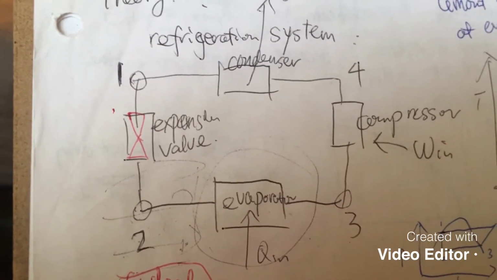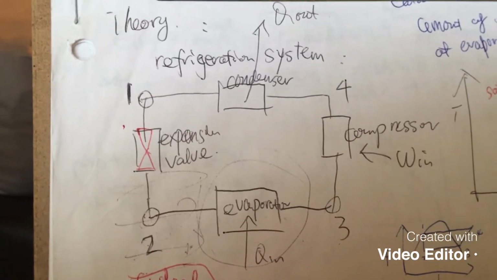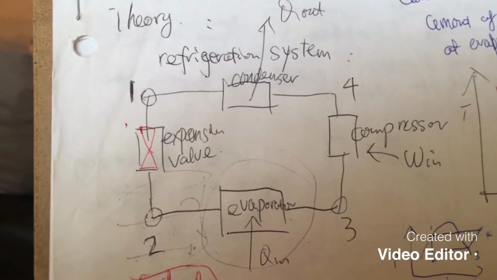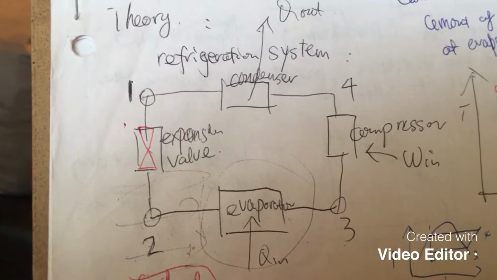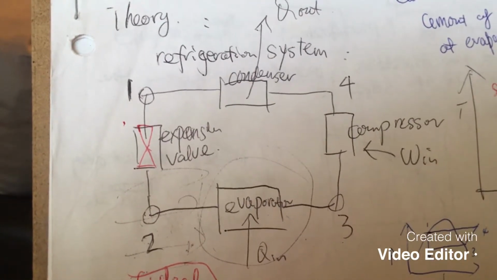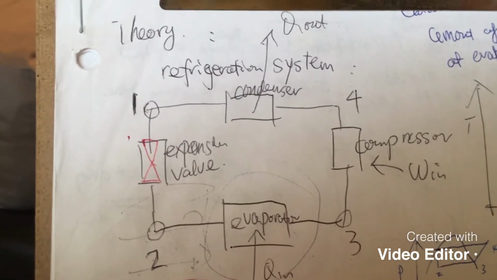Okay, so two components have heat transfer, right? Obviously, in the evaporator, you feel cold air, you feel cool, right? You have heat transfer. So the heat transfer is into the evaporator, right? Hot air going into the evaporator, exchanged for cool air. Okay.